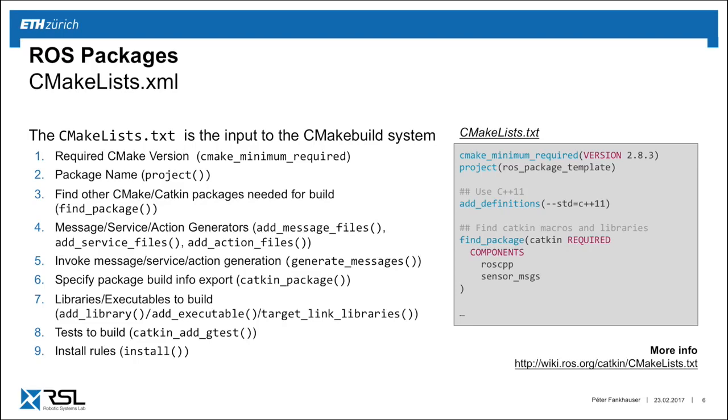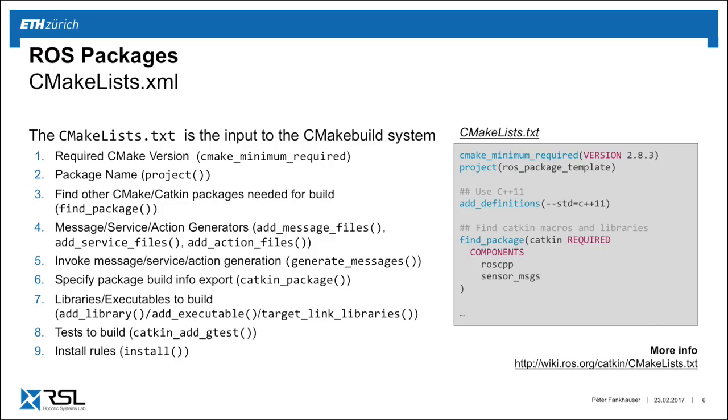And then in case you had message definitions, you would specify them with add_message_files or add_service_files. You have to generate those with generate_messages. And then you have to prepare your package for the export information, and that is done through the catkin_package macro. And then if you have C++ code, you would add your libraries, add executables, and link them together. And then you would have special commands to add unit tests and installation rules.